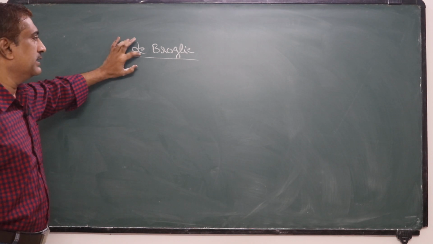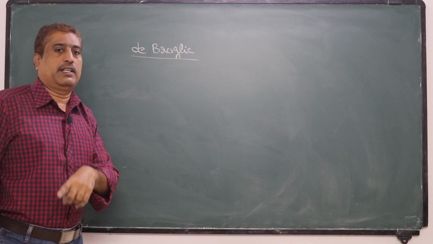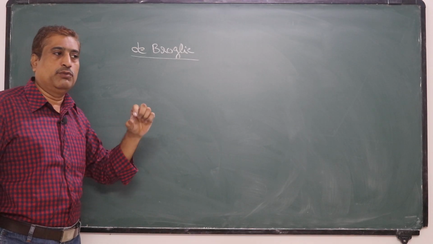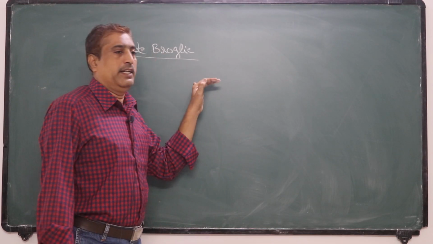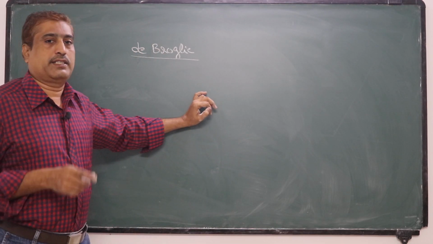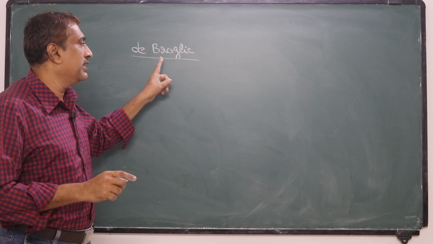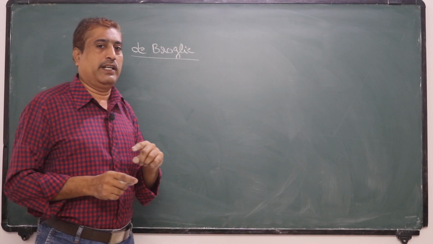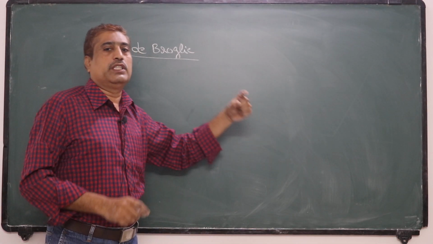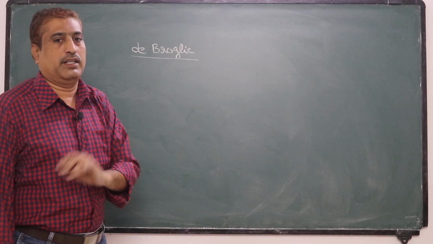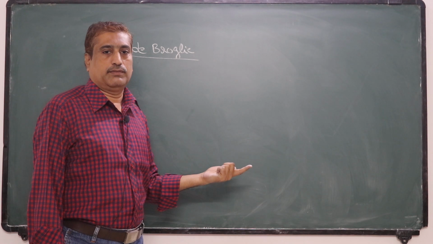He argued that when radiation, which is considered to be a wave, is exhibiting particle nature, then particles also exhibit wave nature, because nature loves symmetry. By symmetry, when radiation exhibits particle nature, then particles are also associated with waves.